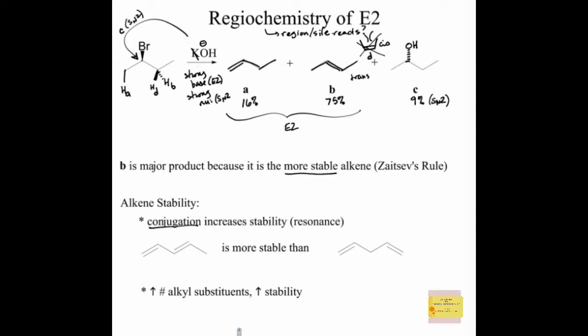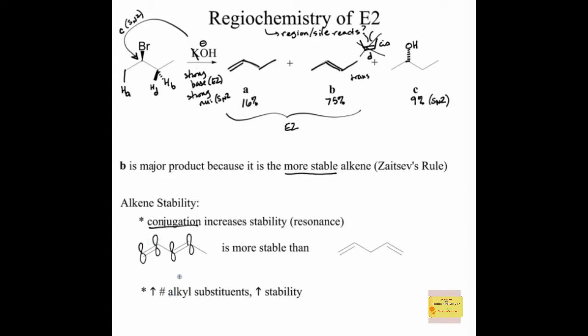So if you have multiple pi bonds, then it's better to have those double bonds alternating, double bond, single bond, double bond, than isolated. Here they have no relationship to each other. Here they have one right after another. We have a p orbital here and a p orbital here, and right away we have more p orbitals. This relationship is more stable because we can have resonance delocalization of these pi electrons.